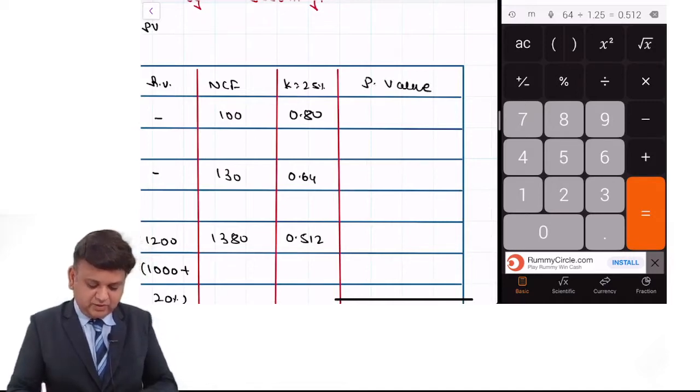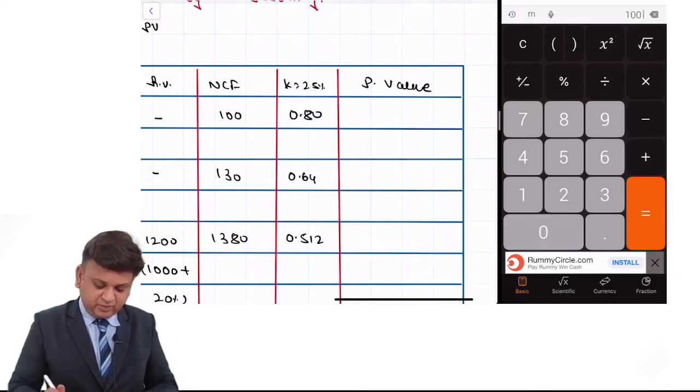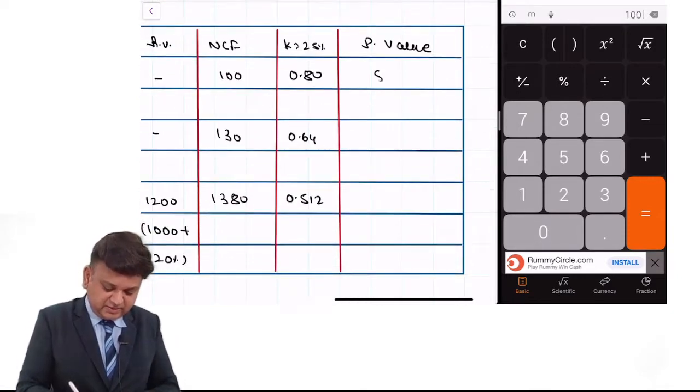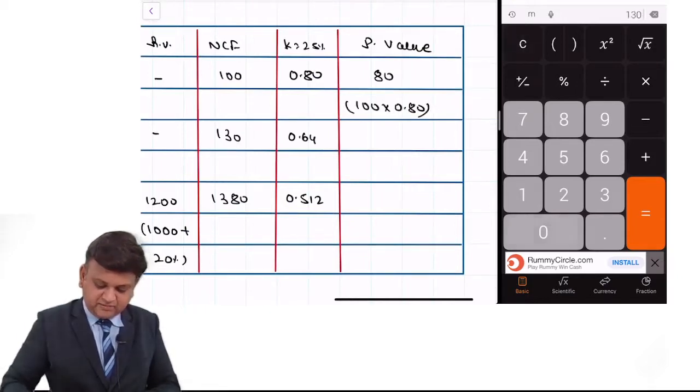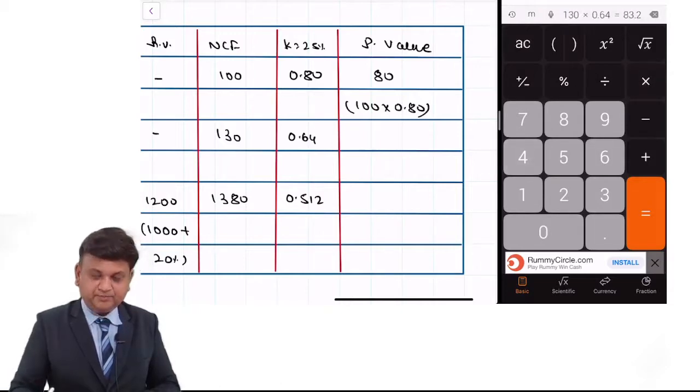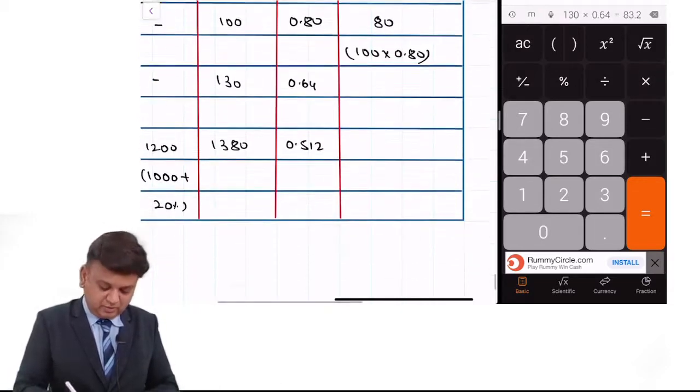So what will happen over here? It is 100 into 0.8, that comes to 80 rupees. Then 130 into 0.64, that comes to 83.2.